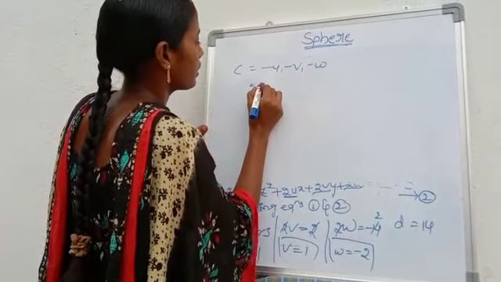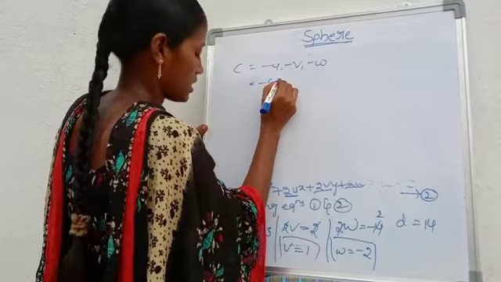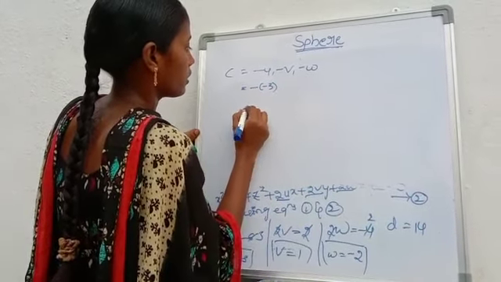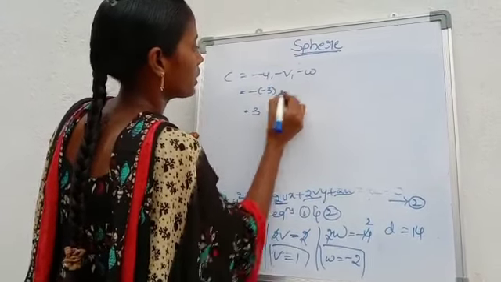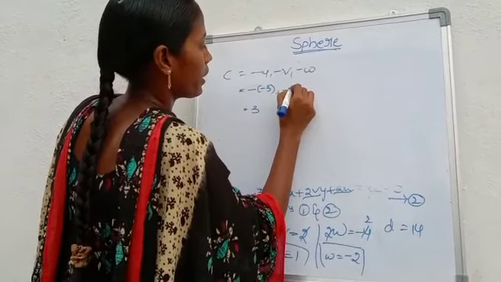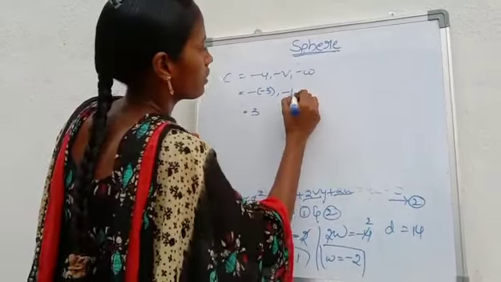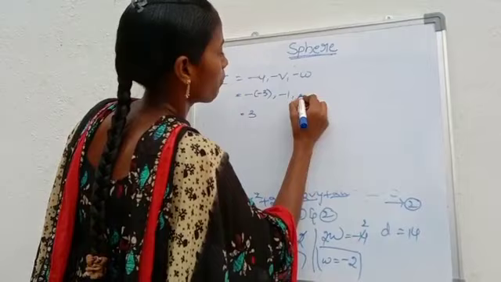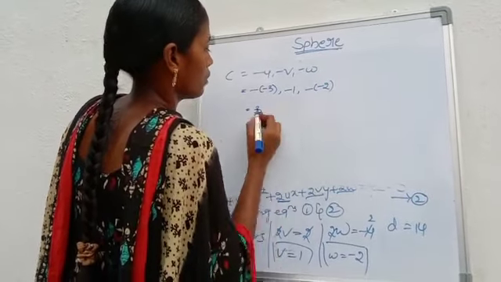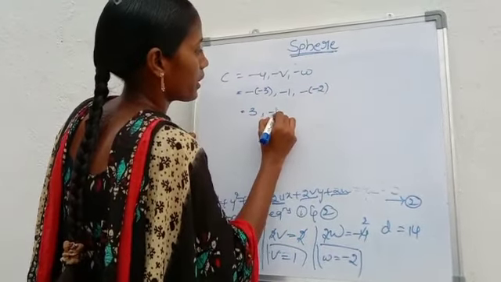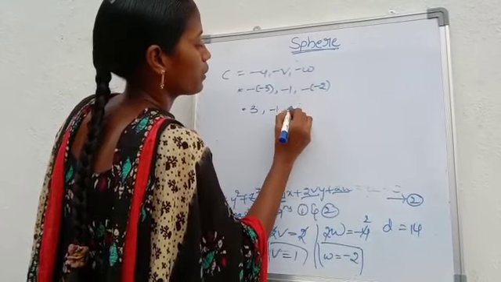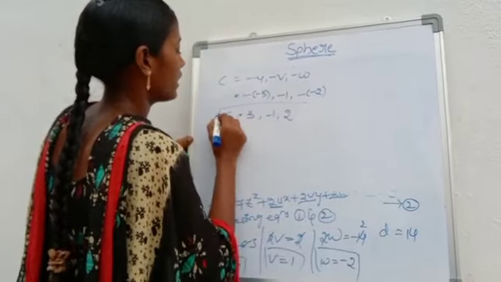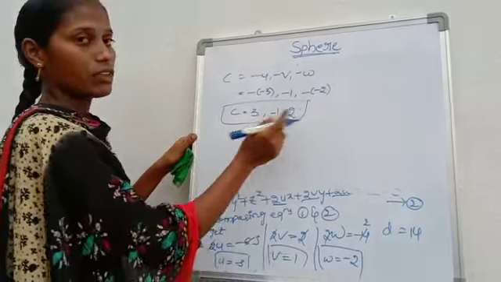So we get minus of minus 3 equals 3, minus 1, and the w value is minus 2, minus of minus 2 is 2. We get the center point as (3, minus 1, 2).